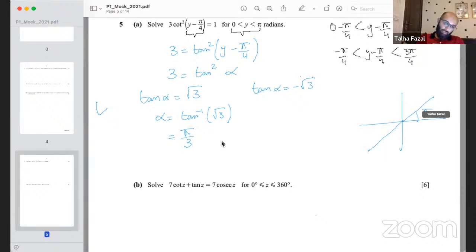So since the angle is pi by 3 and you have pi by 3 here, I need to see if it actually falls within the range. So if I look at it closely, this is 3 pi by 4 and this is negative pi by 4. So once I measure this angle, this is okay. So I can rewrite y minus pi over 4 as pi over 3. So that's the first angle done.